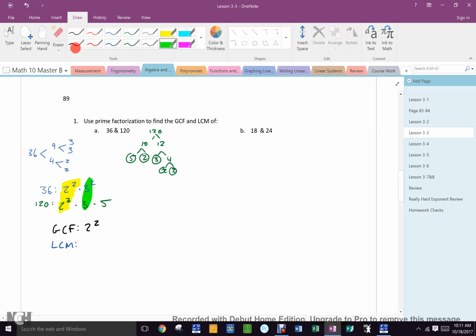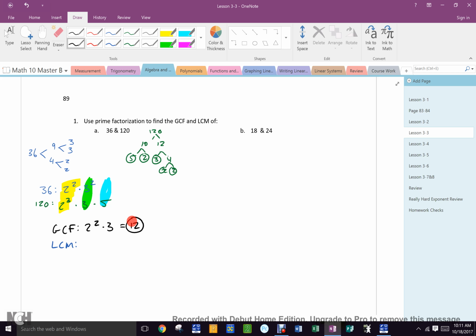One. Any 5's common to both? So do I count the 5? No. 2 times 2 is 4. 4 times 3 is 12. So that's our GCF. Does everybody understand how to find GCF?